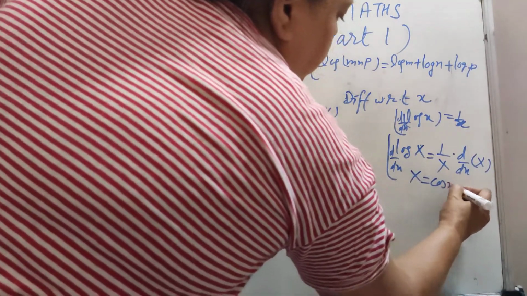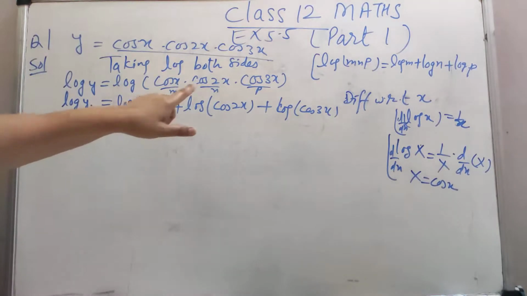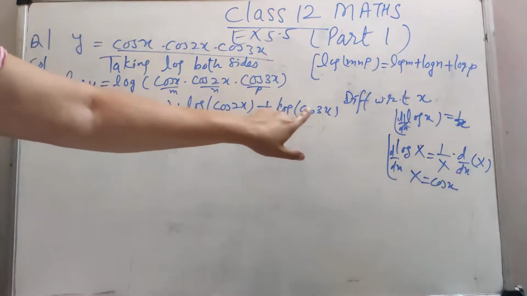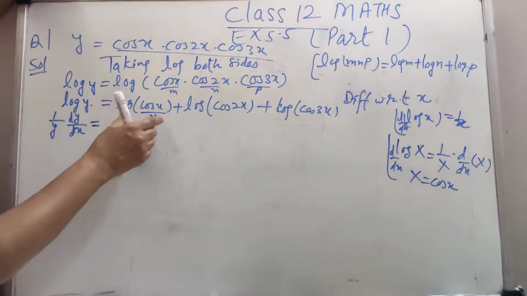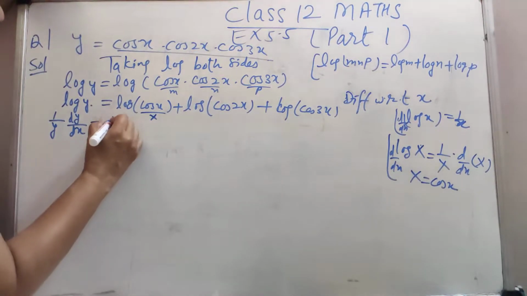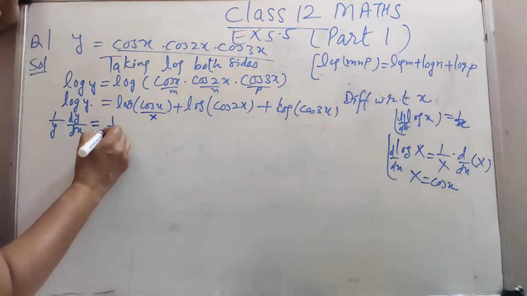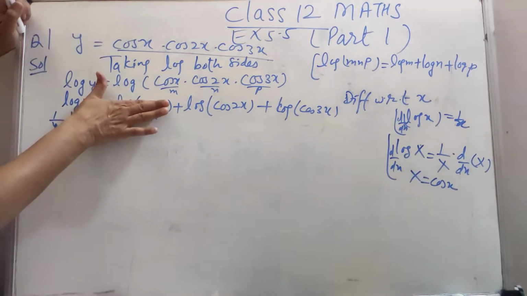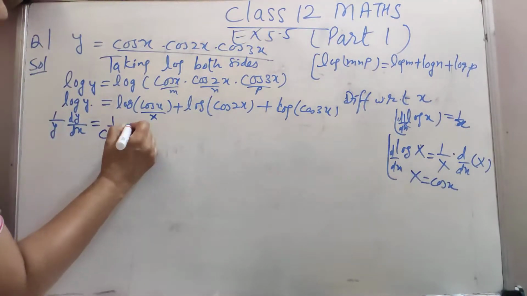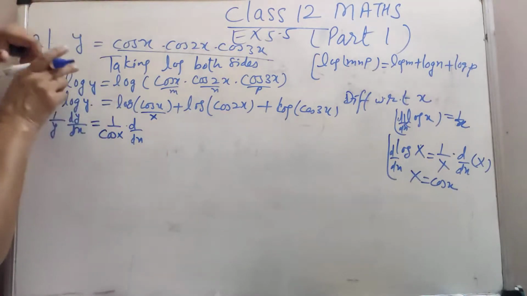In the first portion we will take cos x, in the second portion we will take cos 2x, and in the third portion we will take cos 3x. So derivative of log X is 1 over capital X. That means 1 over cos x, into derivative of cos x.